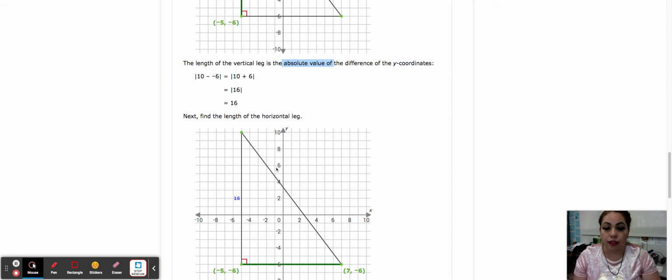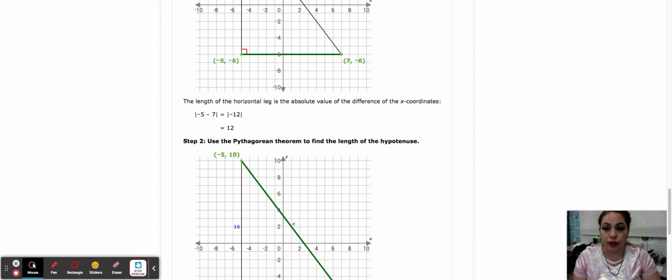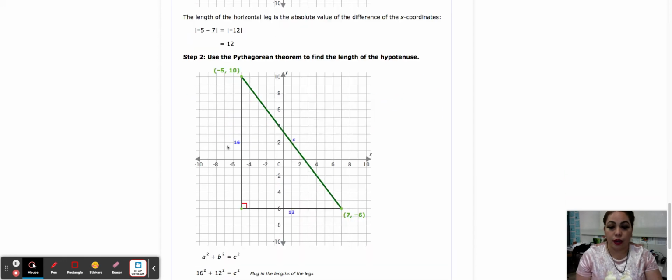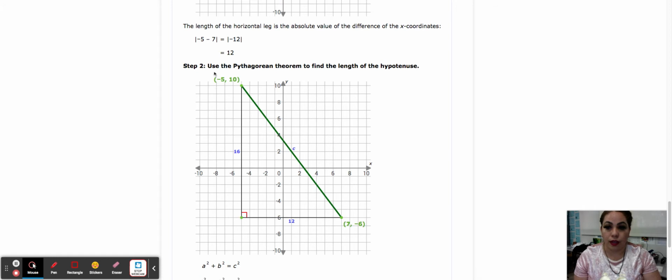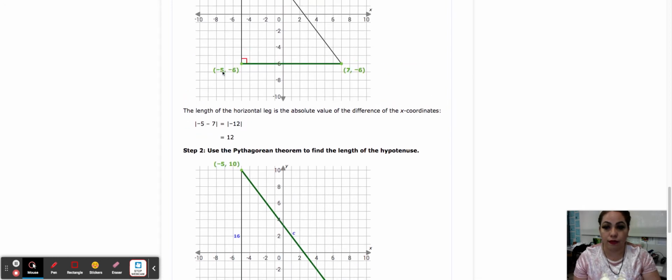All right. Now the next one, the length of the other one is -5 and -6, 7 and -6. The length of a horizontal leg is the absolute value of the x coordinate, the one that is going horizontal.